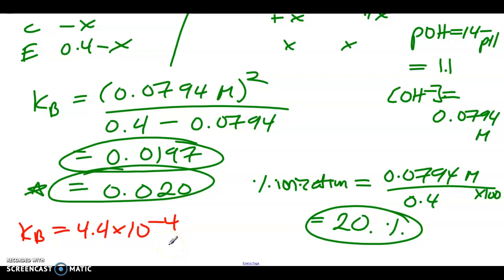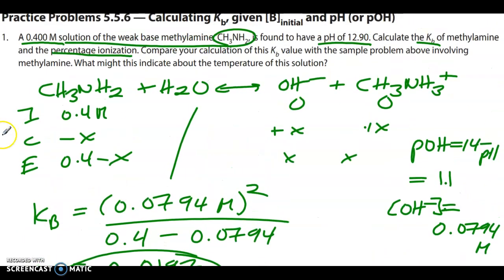I'm under the assumption that this Kb is at 25 degrees Celsius, but the sample problem doesn't indicate temperature, so I'm going to assume that, because this is asking what this might indicate about the temperature of this solution.